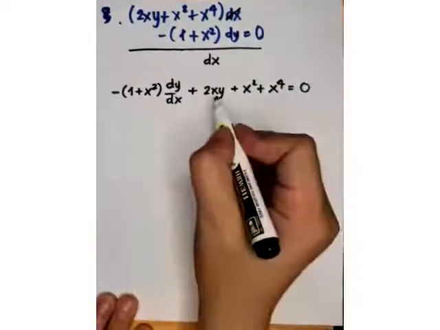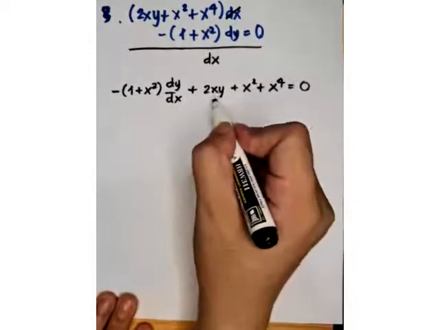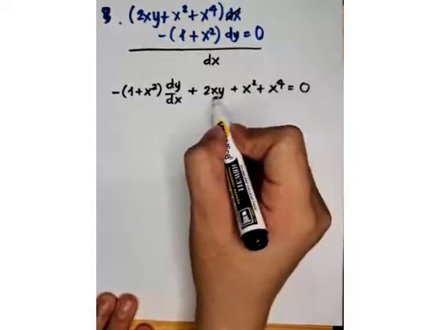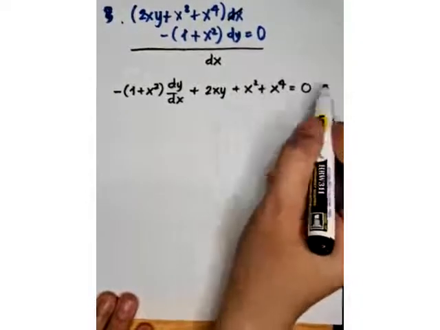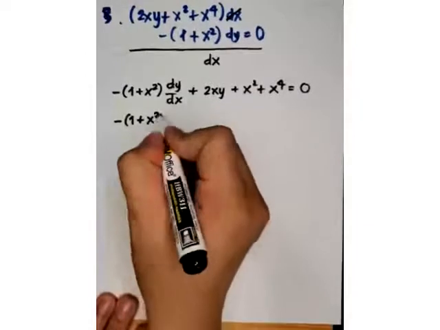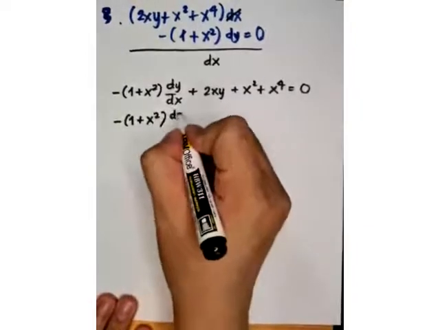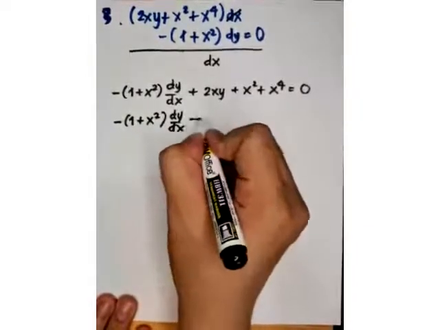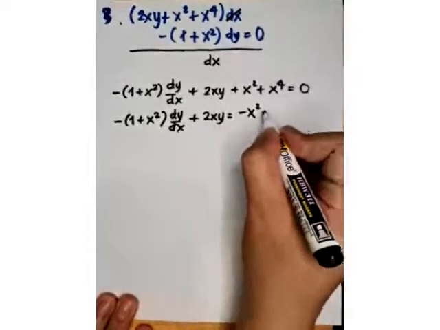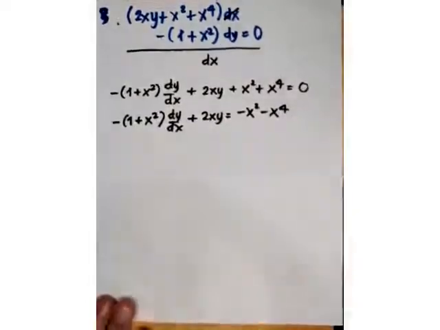Okay, and then we transpose the term without y, so that means this will stay and this will be transposed to the other side. So negative 1 plus x squared dy over dx plus 2xy is equal to negative x squared minus x to the fourth.